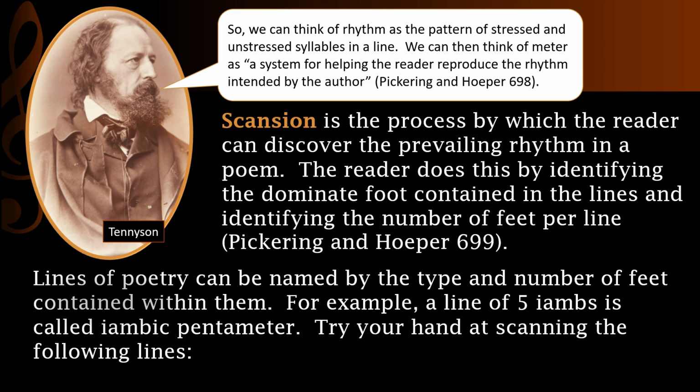The reader does this by identifying the dominant foot contained in the line and identifying the number of feet per line. Lines of poetry can be named by the type and number of feet contained within them. For example, a line of 5 iambs is called iambic pentameter. Try your hand at scanning the following lines.